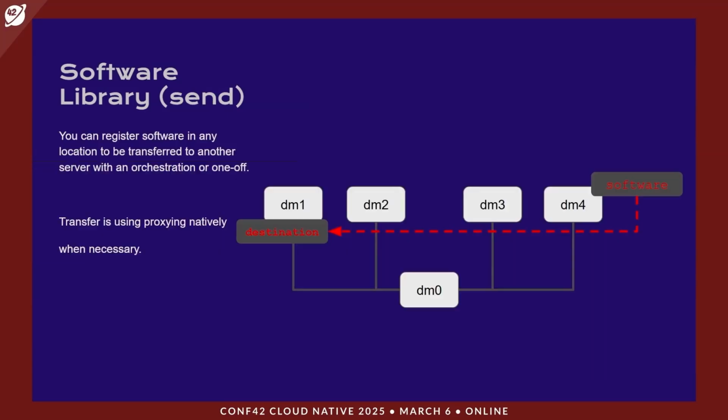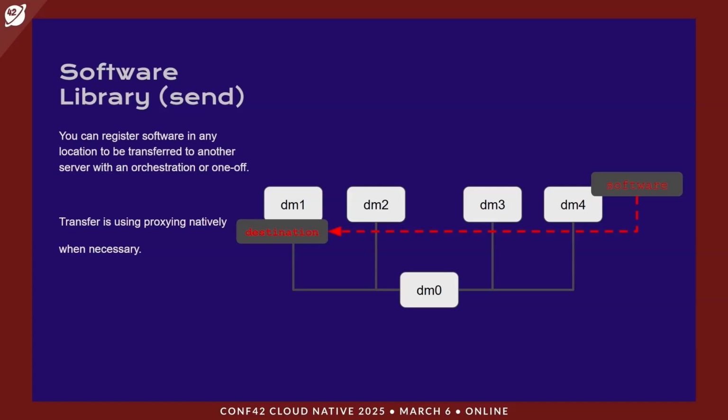We will try here in another demo that we will send a software that we will put in the DM4, that is isolated by DM1, and the software will be sent to the DM1 through proxying in DM0. We can do a quick demo and do a one-off transfer from server DM4 to server DM1.